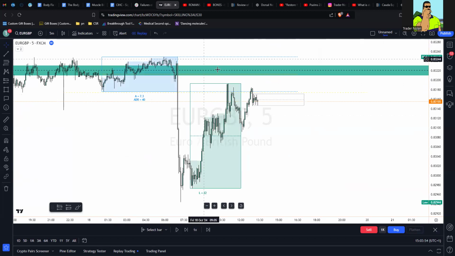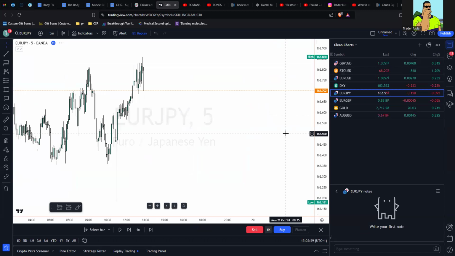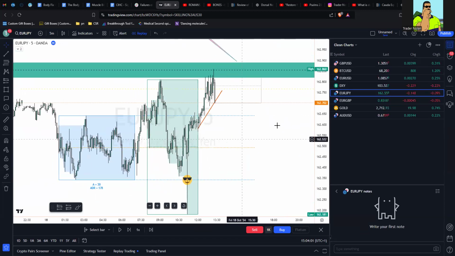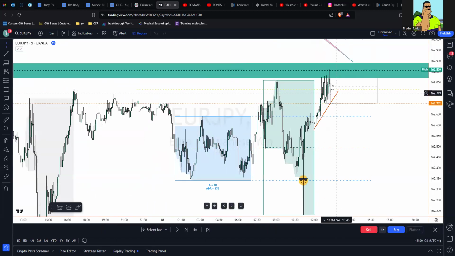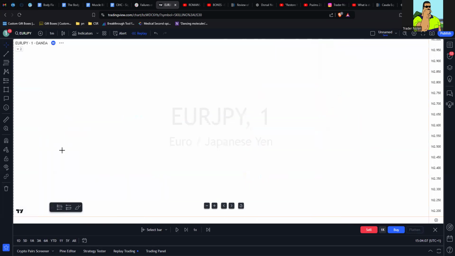Here we go. Start to see some build up there. On the smaller time frame, I was looking at the 1 minute, so I wanted a more refined entry.